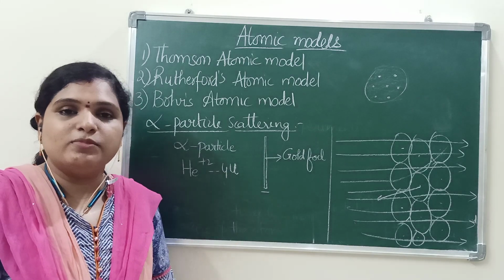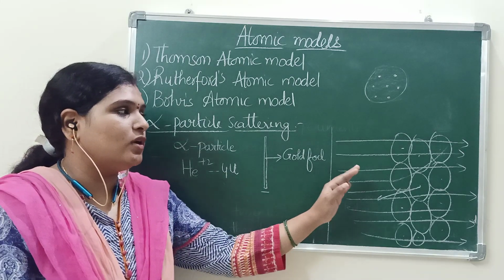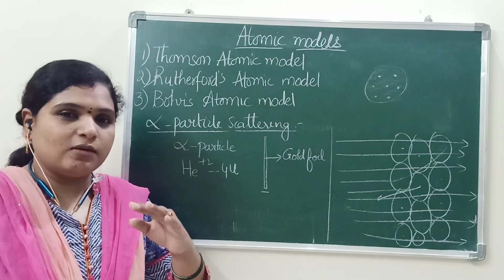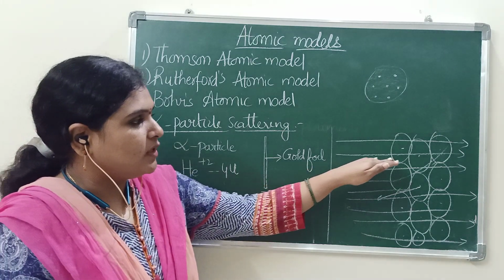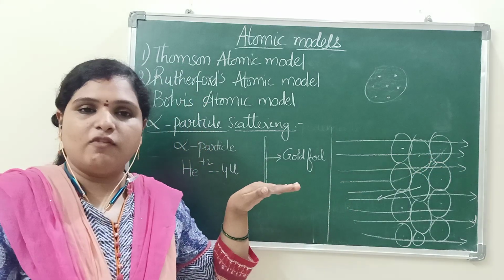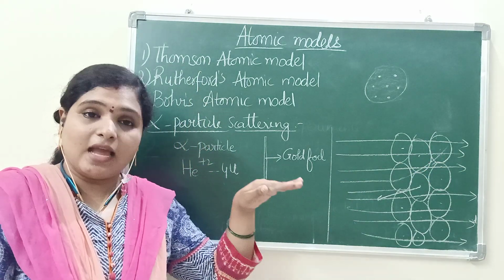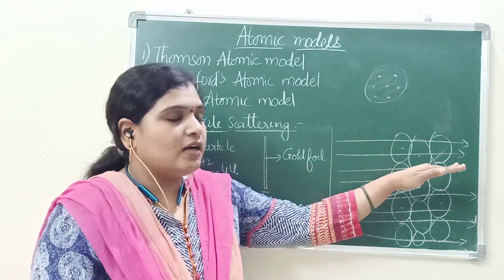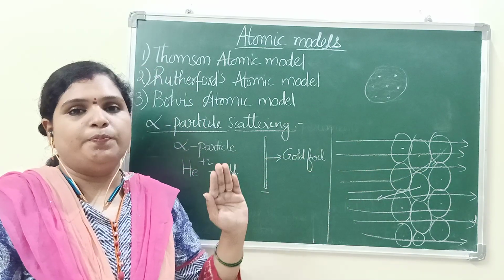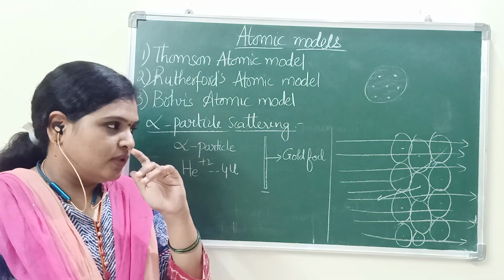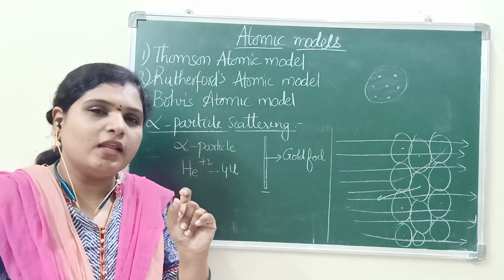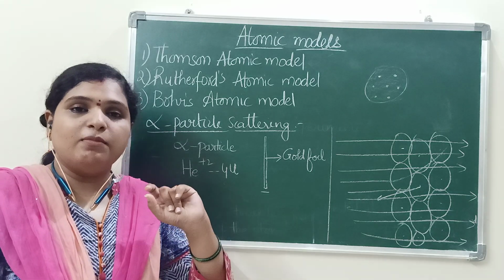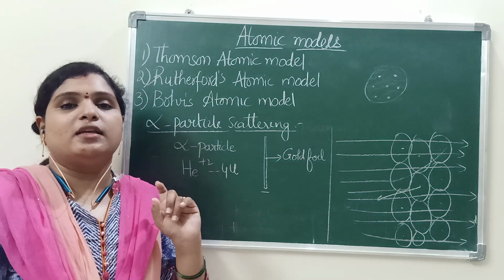These are the 3 observations he found in the alpha particle scattering experiment. What are the 3 observations? Most of the alpha particles he scattered on the surface of the gold foil remained undeflected, they passed through without any deflection. That is the first point. Only a small fraction deflected at small angles.